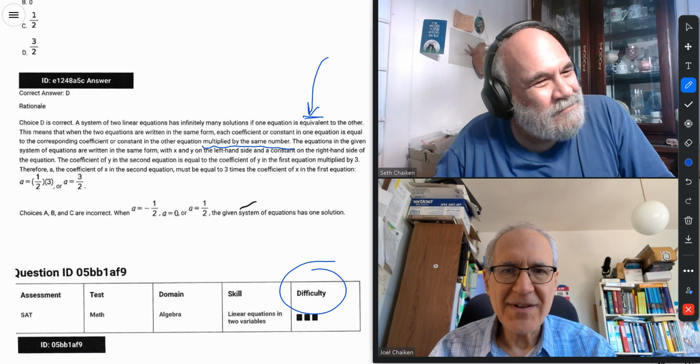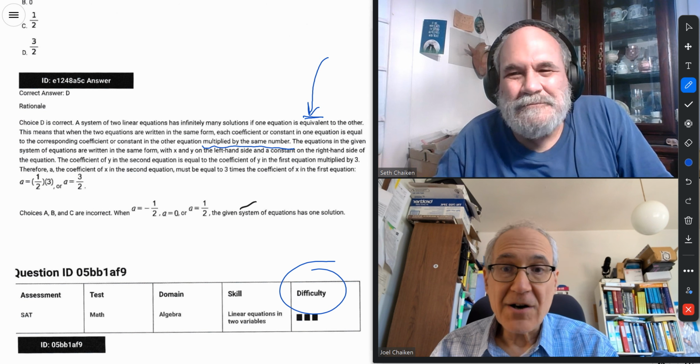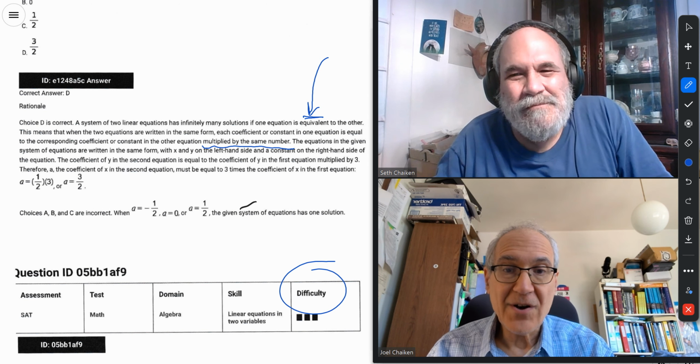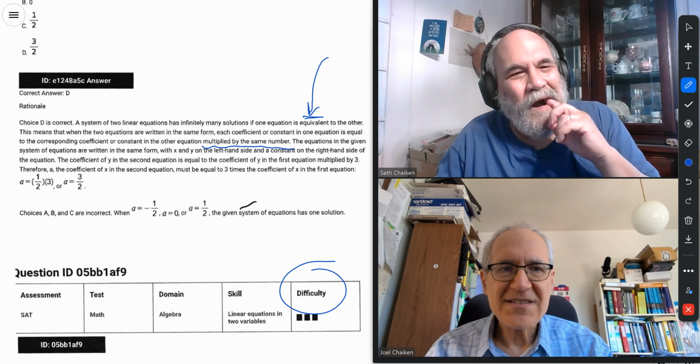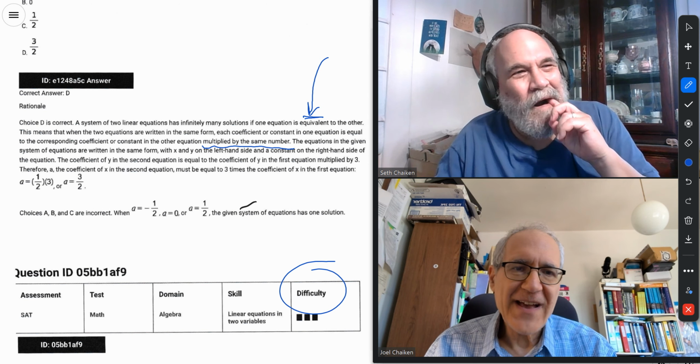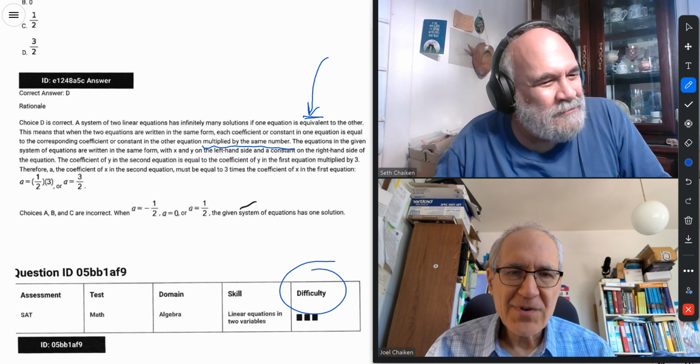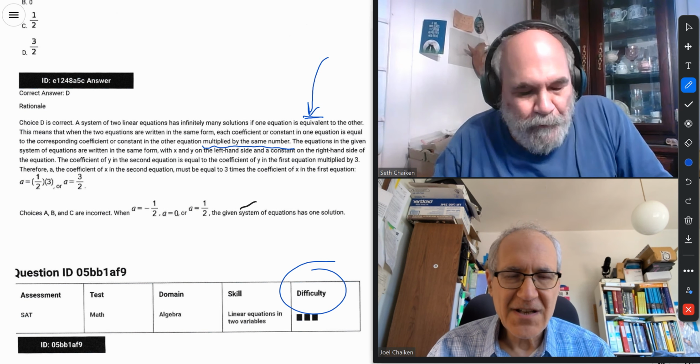Like if you want to practice on polynomials, you just take all the polynomial questions and you try to get better. But don't take for granted questions you already know how to do, because you want to practice on those so that you get real fast on those, so you have more time on the few or more than few tough questions that they'll throw at you on the test.